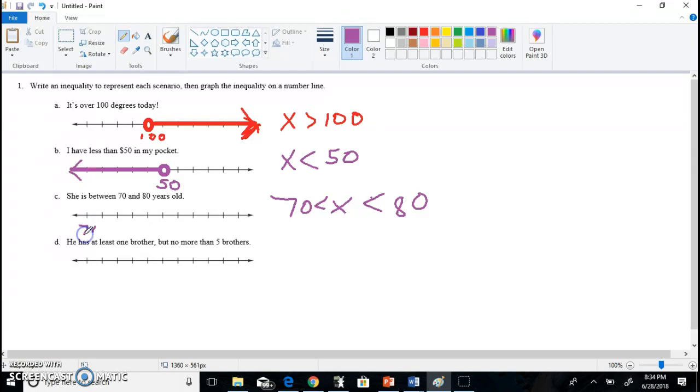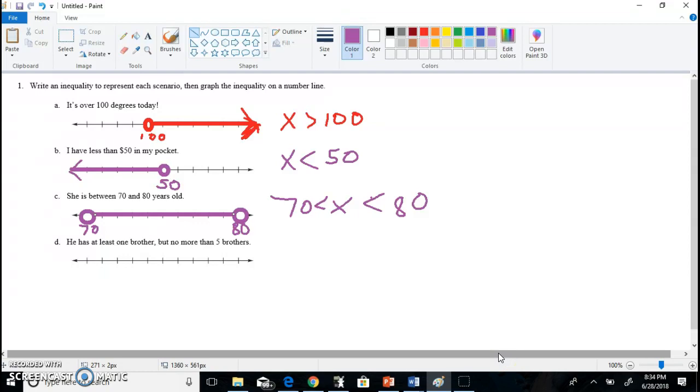So if this is 70 here, and this will be 80 because I believe there's 10 tick marks across, we would do open circles on both 70 and 80, and then we would shade in between, just like that. So you wouldn't shade any arrows, it would just be between those numbers, and that's it.